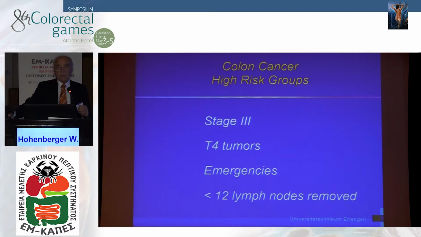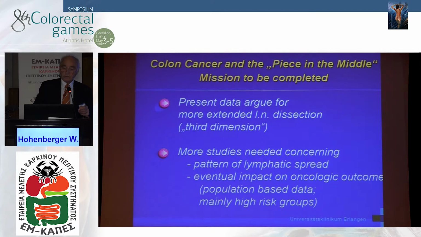So you have to look into registries, population-based ones. The Scandinavians have the best registries, and they should do that. And so even in your local registries, if you analyze it in more detail, you will find differences, and this may create more evidence to support what I've told you.